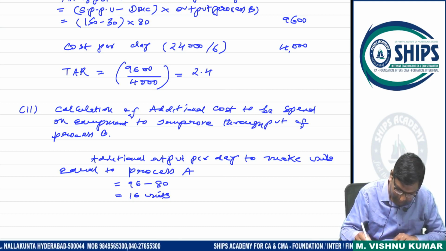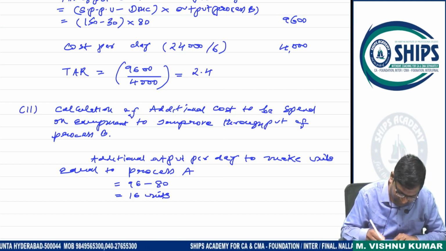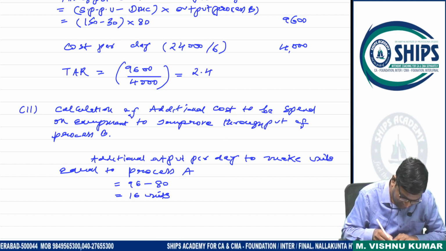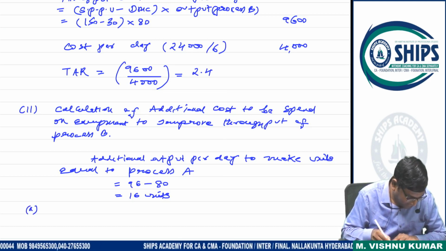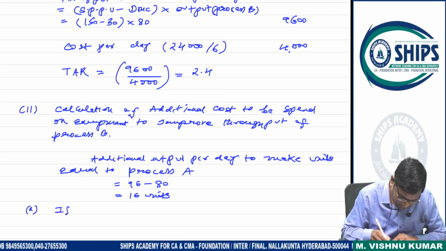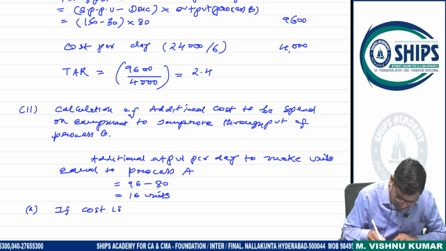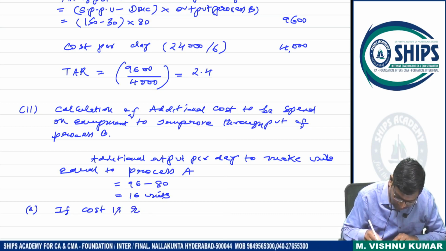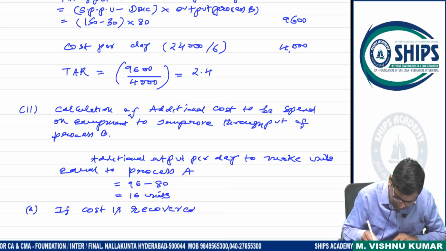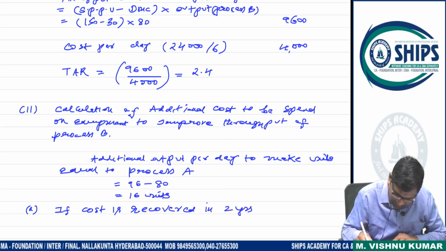Additional output per day to make units equal to process A is 16. First, if the cost is recovered in 2 years.